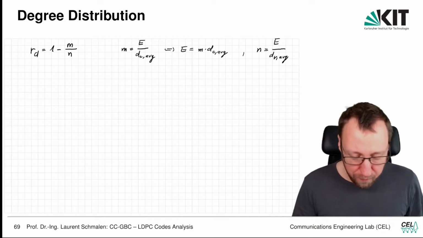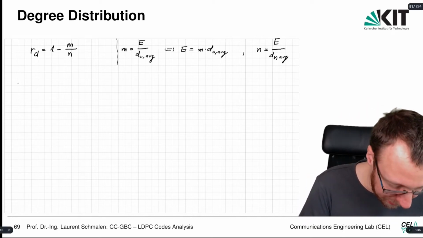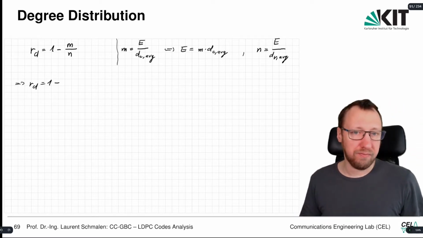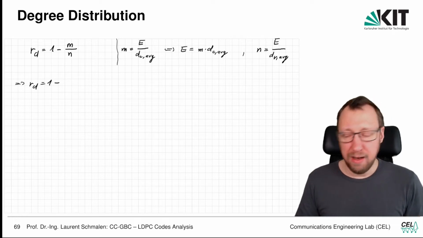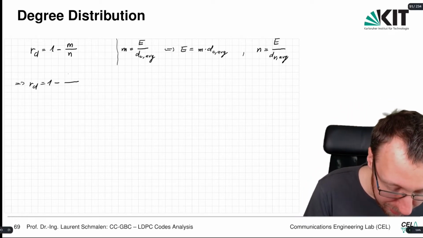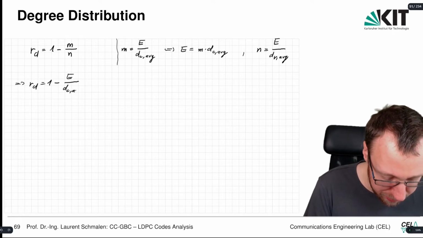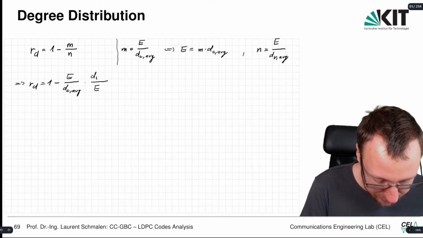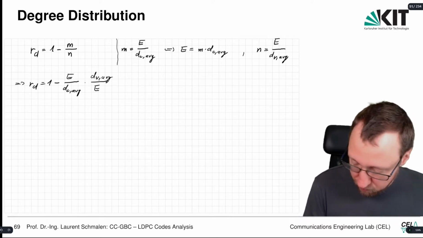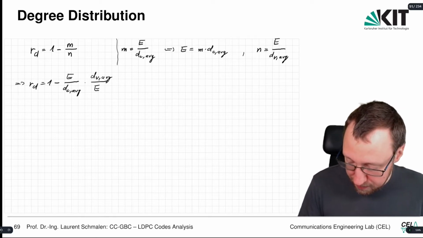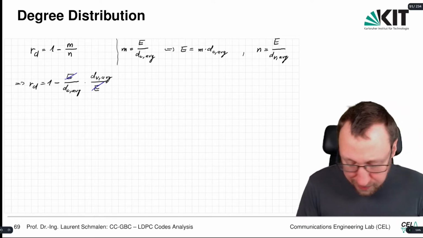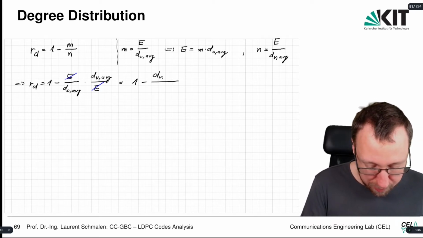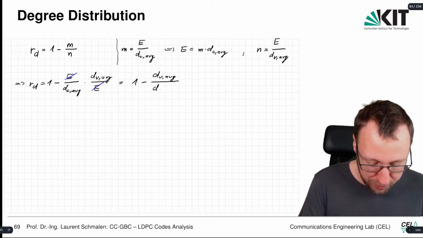Okay, so now we can express the design rate, RD, is equal to 1 minus, now we insert M and N. So we have E divided by the average check node degree, divided by N. So it's E over the average variable node degree. Fortunately, the E cancels. So this is 1 minus the average variable node degree divided by the average check node degree.